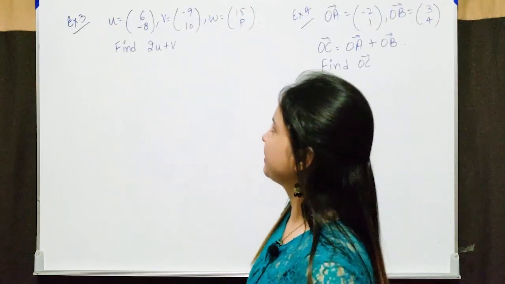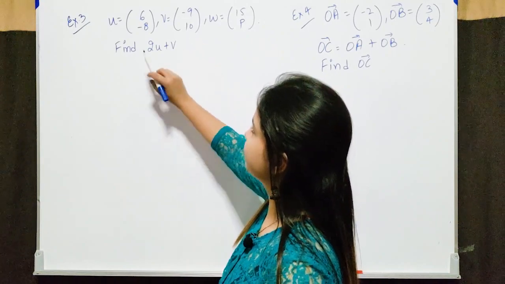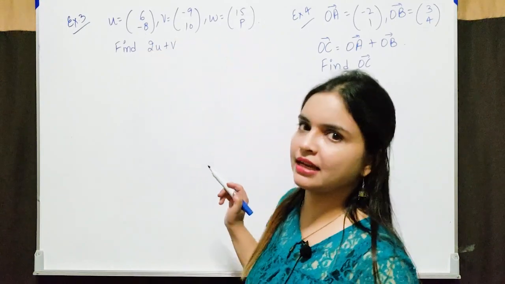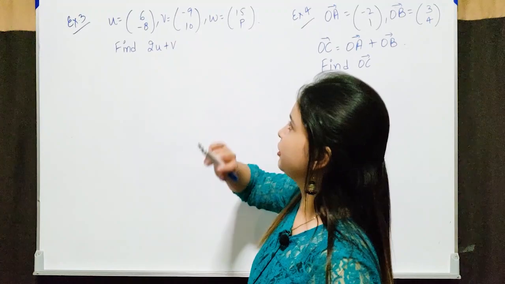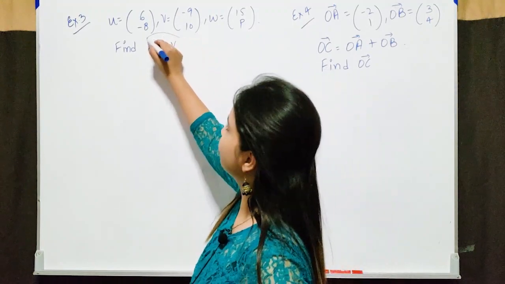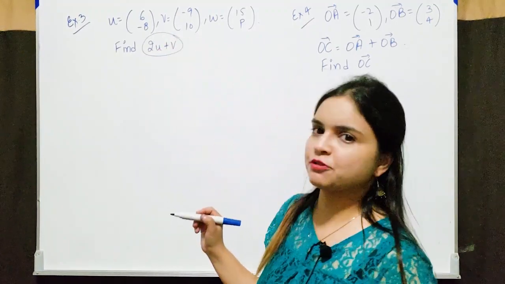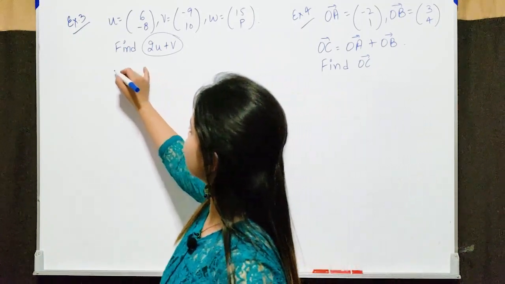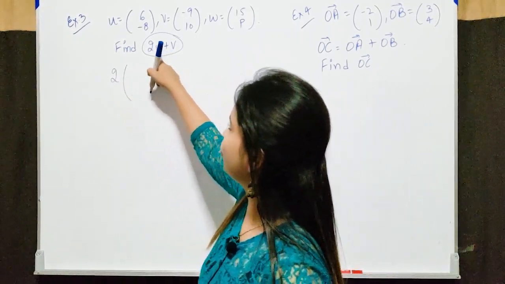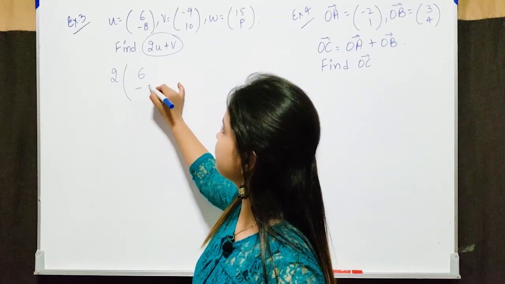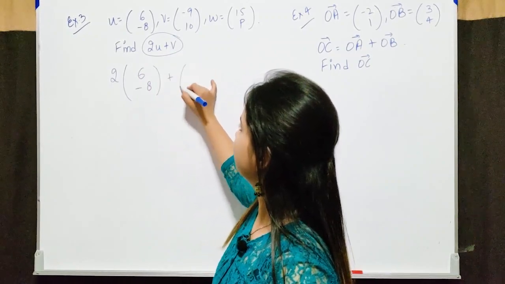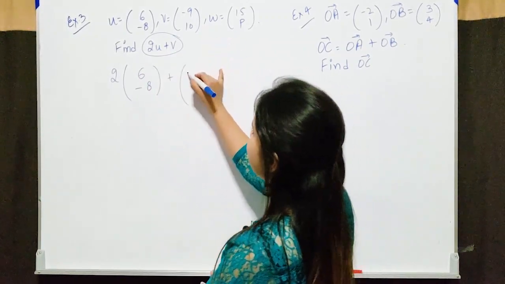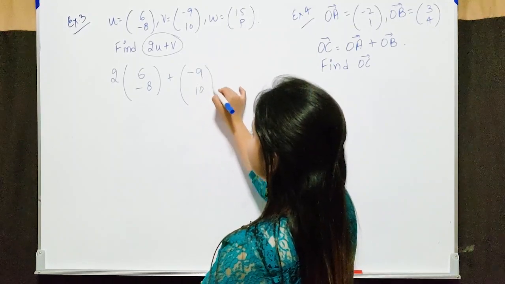Look at example number 3. In this example, 3 column vectors are given, u, v and w. You have to find the value of 2u plus v. Okay. So write down 2 times, what is u? (6, -8) plus what is v? (-9, 10).